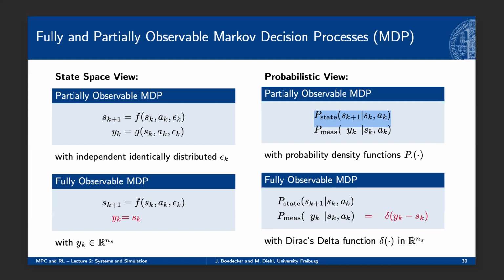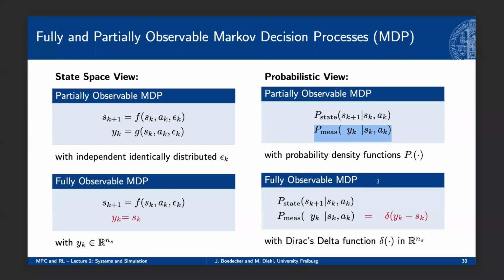And so this is a conditional probability: how likely is it that this next state will be at that value or at that value, given the starting state and the control. And also the measurement is some random variable for which I might know some distribution. In the case of additive noise, this would be just a deterministic measurement plus a Gaussian, for example, right?